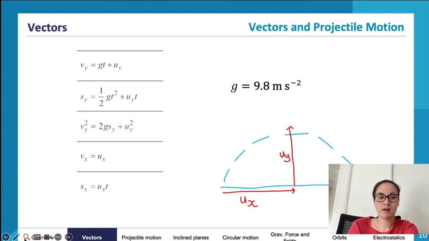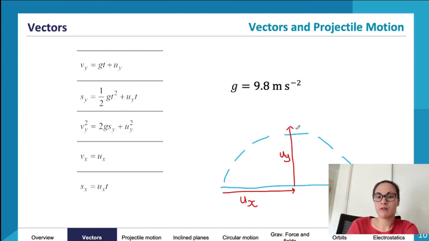Okay, and then if I get another color, you'll notice throughout this lecture that I love using different colored markers. Because then the ball in this scenario reaches a point where velocity in the y direction reaches 0, and then it just starts descending, all the while ux or vx stays the same.